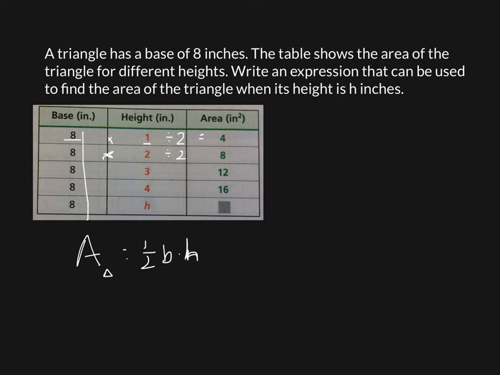So my expression here will be 8h. I'm multiplying 8 and the h, and then I need to divide the whole thing by 2. You could also write it as 8h divided by 2. That would be fine too, because we would multiply before we divided, because we work from left to right.